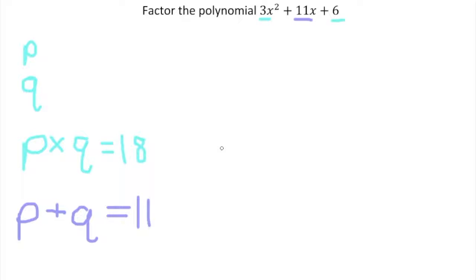So let's think about the factors of 18. 1 and 18. But they do not add to 11. That adds to 19, so that doesn't work. 2 and 9. 2 plus 9 is equal to 11. So that is our P and Q, 2 and 9.